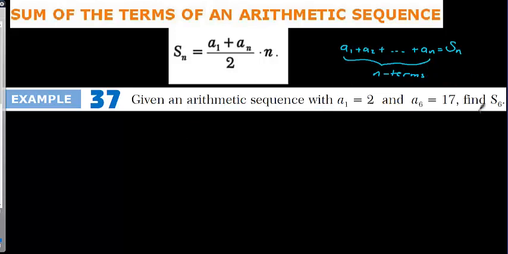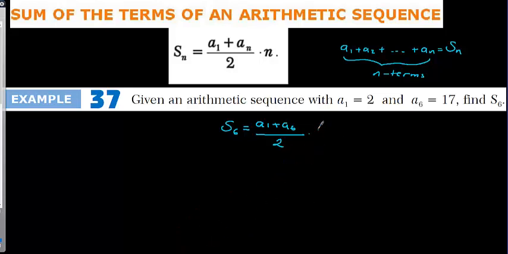Okay, let's start with the first question. A1 is equal to 2, A6 is equal to 17, then find S6. By the formula, S6 is A1 plus A6, first term and the last term, over 2 times n, and here we have to be careful. This is the sixth term and this is the first term, that's why there are 6 terms, and n is going to be equal to 6.